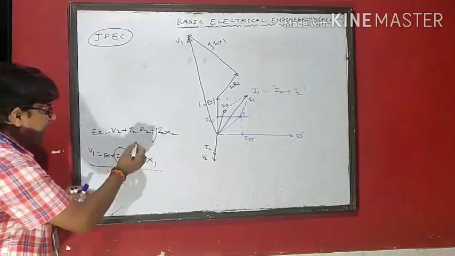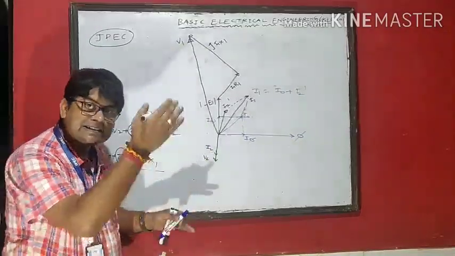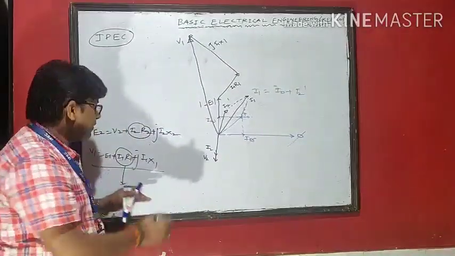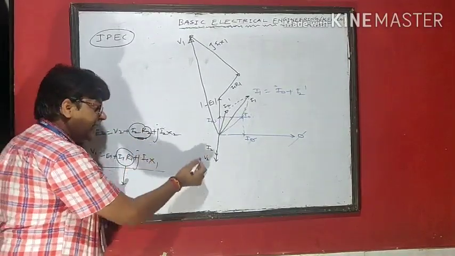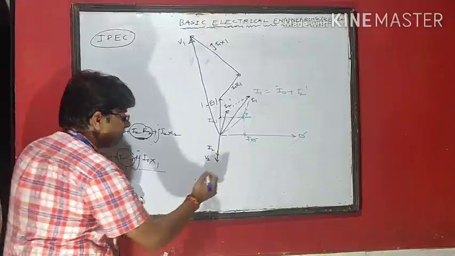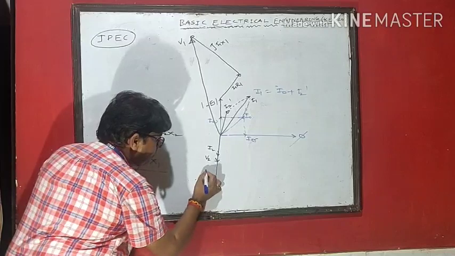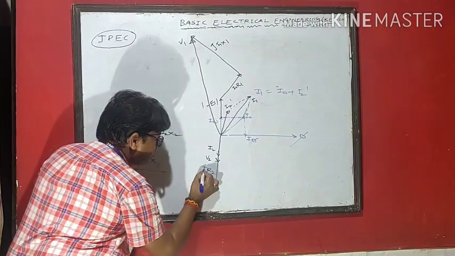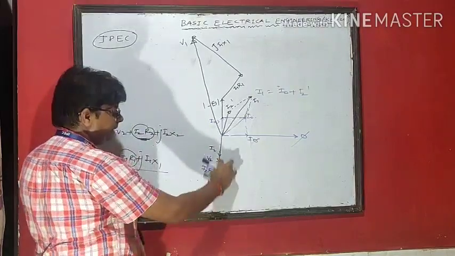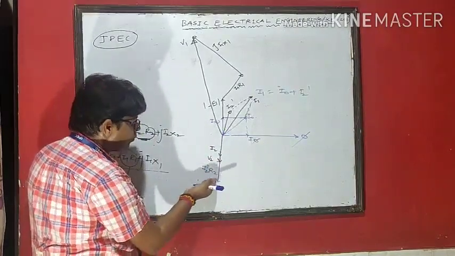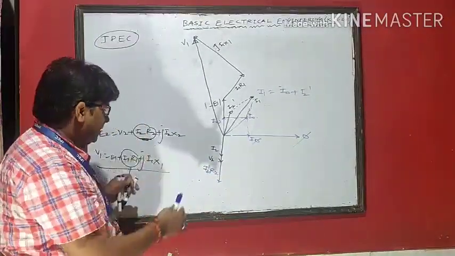I2 R2 is the voltage drop across resistance, and it is in the same phase as I2. This is your I2 R2. The same phase. That means what is the angle between I2 R2 and I2? It is 0. Okay, that means same phase.